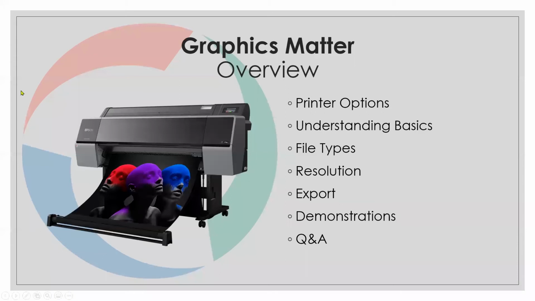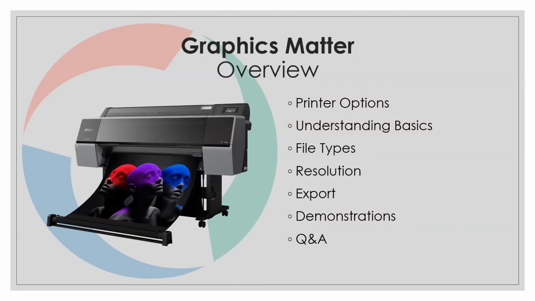First, I want to give you a basic overview of printer options, which I'm sure most of you know about. One thing about these graphics is we always want to create our graphic for that final output, whether that's a 5x7 or a 64 by 100-inch print or something of that nature. And if you're not certain, it never hurts to start larger and work our way down.